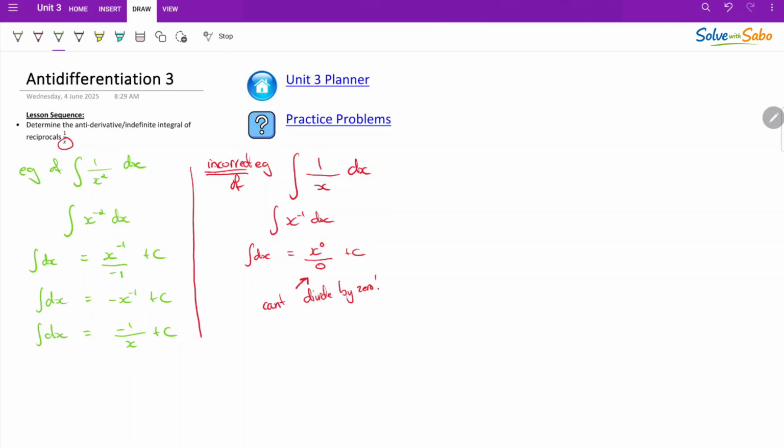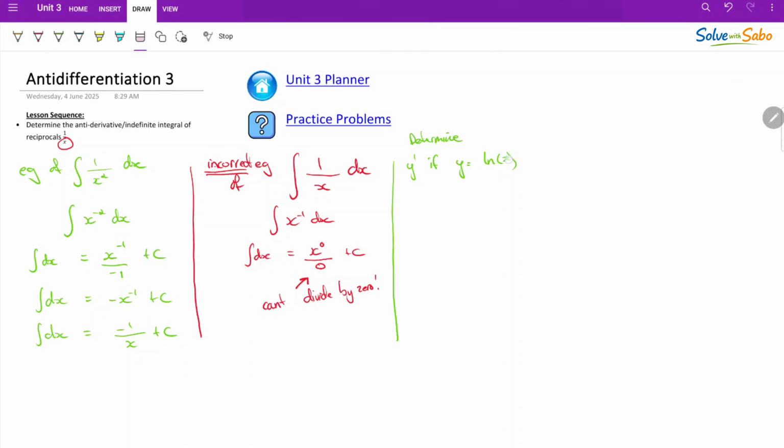So let's now do one more little example. Let's determine y dash if y equals ln of x. What I'm asking you is, what's the derivative of ln x?